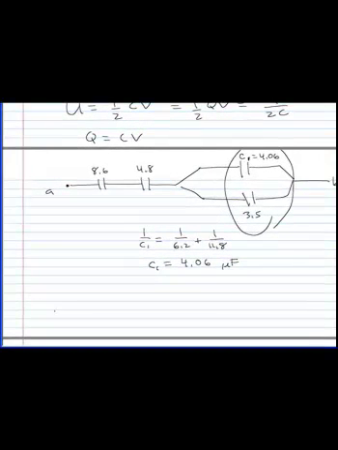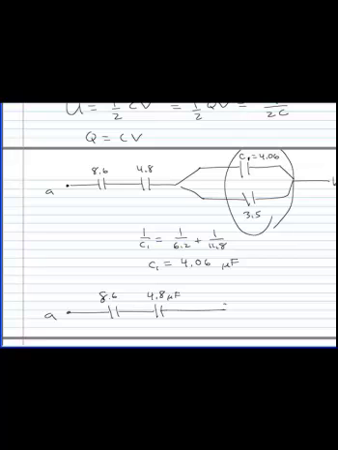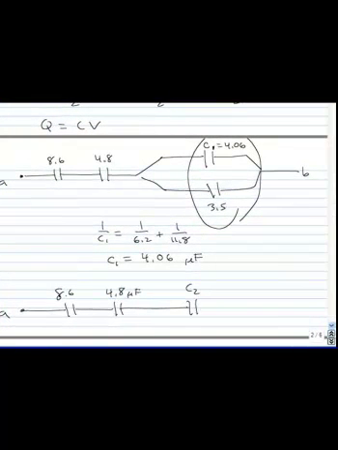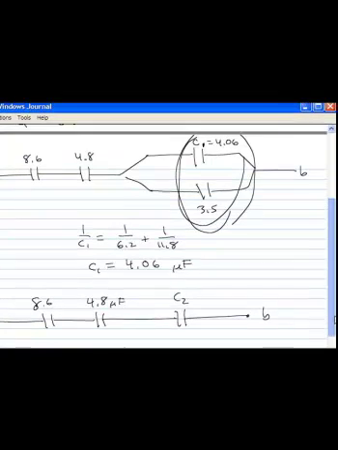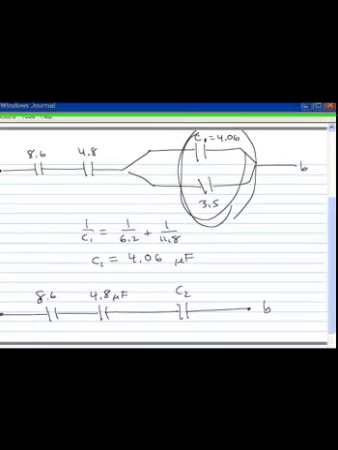So what I want to get is this. I've got my 8.6 microfarad capacitor, I've got my 4.8 microfarad capacitor, and I've got C2 over here, where that's the combination of C1 and the 3.5. So those two capacitors are in parallel, so we add them up.